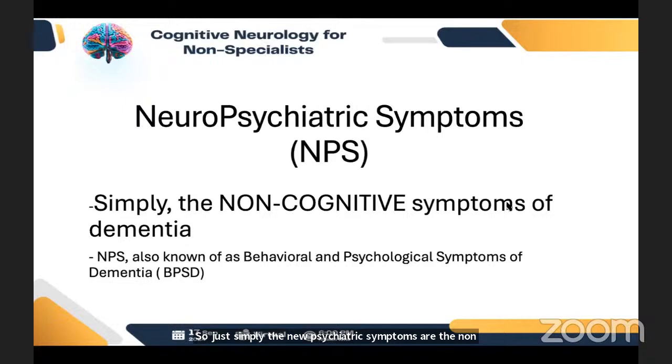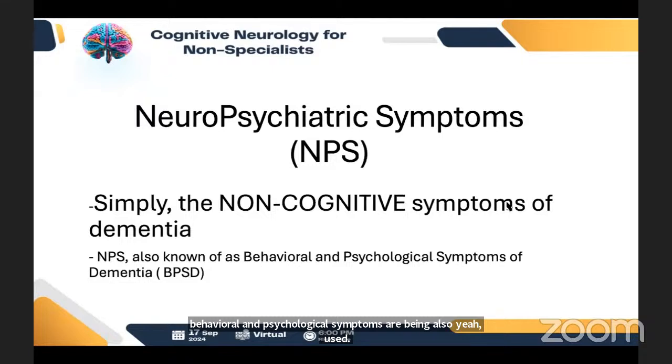Another very popular name for it is the behavioral and psychological symptoms of dementia. Lately, people are changing the term dementia into neurocognitive disorder, so you will see this term being used more often. And behavioral and psychological symptoms are also used interchangeably with the neuropsychiatric symptoms of dementia.